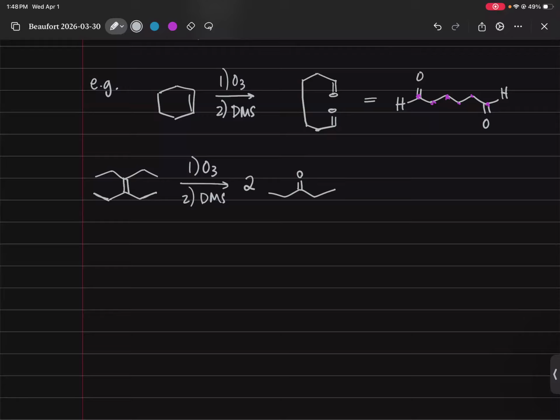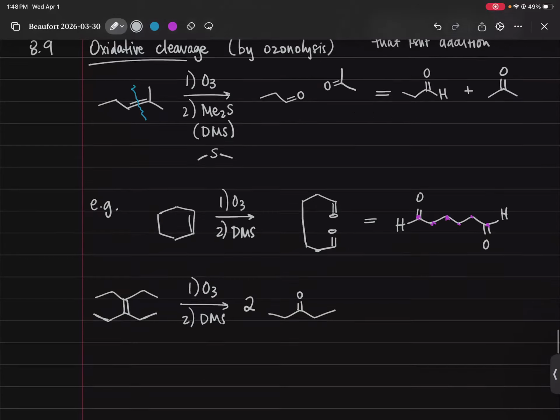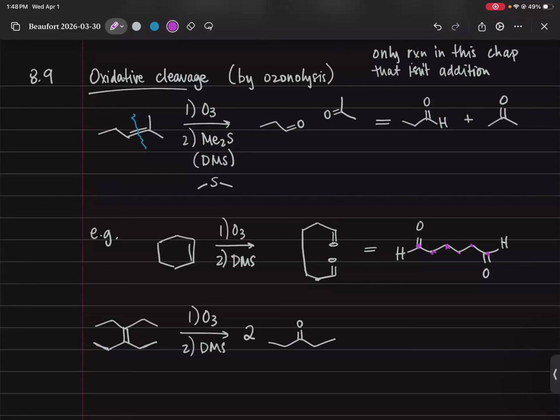Again, it's not wrong if you draw it the way I originally did. But if I asked you, how many products does that give you? The answer is just one. This can be useful. If you just need this aldehyde, and you have this starting material, you're going to make some acetone, but you're wasting all of that.